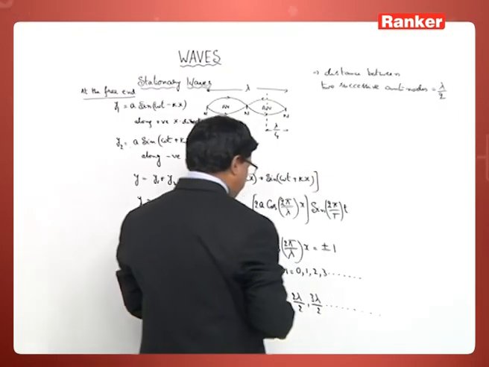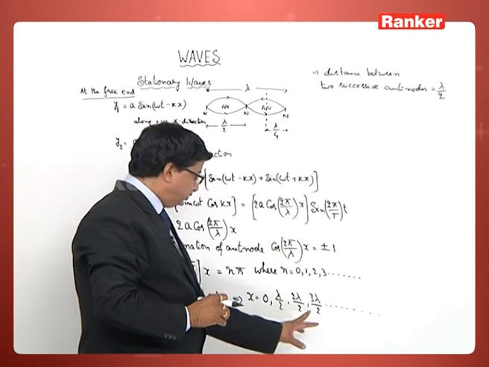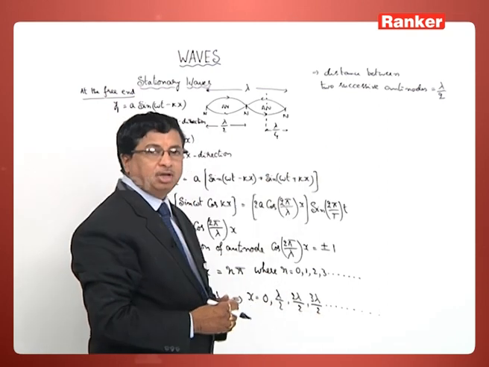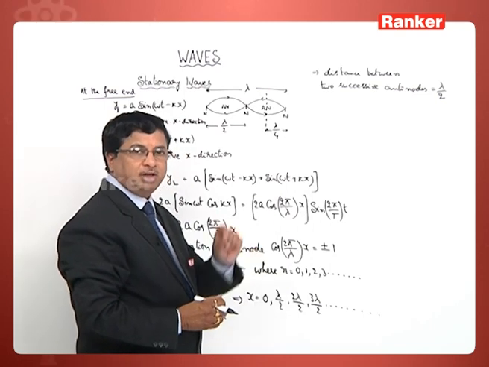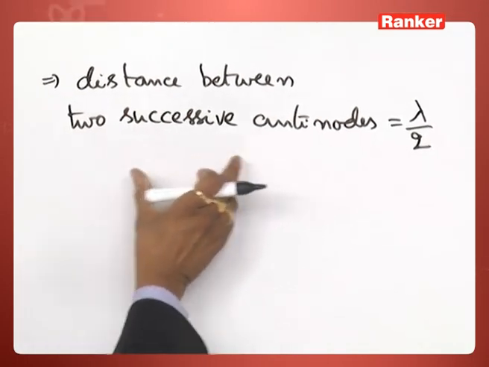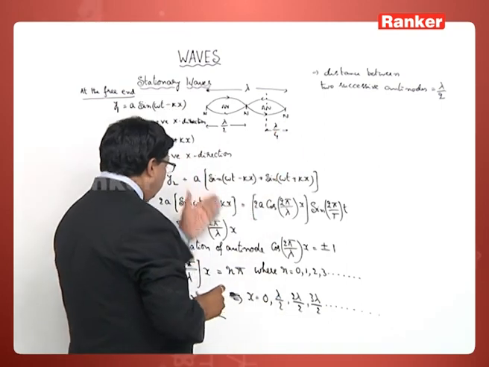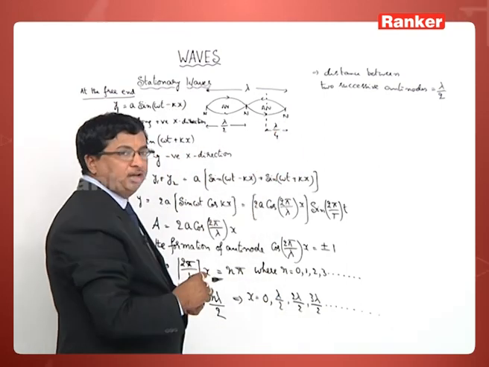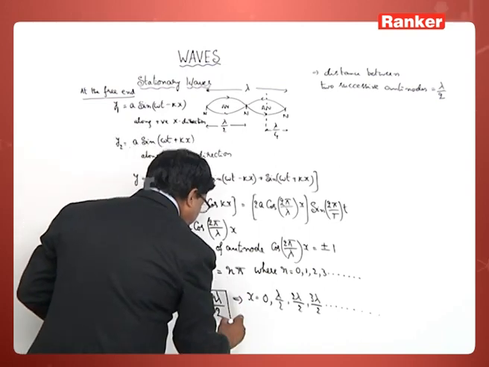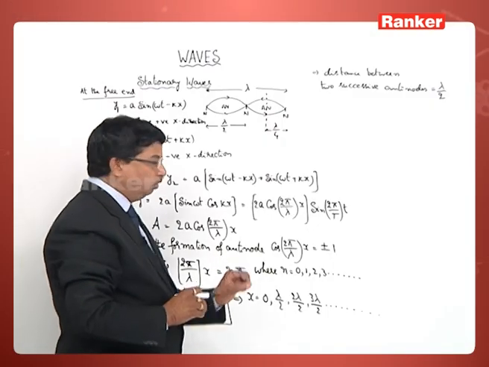So lambda by 2 minus 0, 2 lambda by 2 minus lambda by 2, 3 lambda by 2 minus 2 lambda by 2, whatever you write, it will be lambda by 2. That is the concept one has to understand. So whenever you are finding the distance between two successive antinodes, that becomes lambda by 2. That is the condition for obtaining an antinode there. So what should be the ultimate condition one has to remember? That the path difference must be n lambda by 2. That is the case.